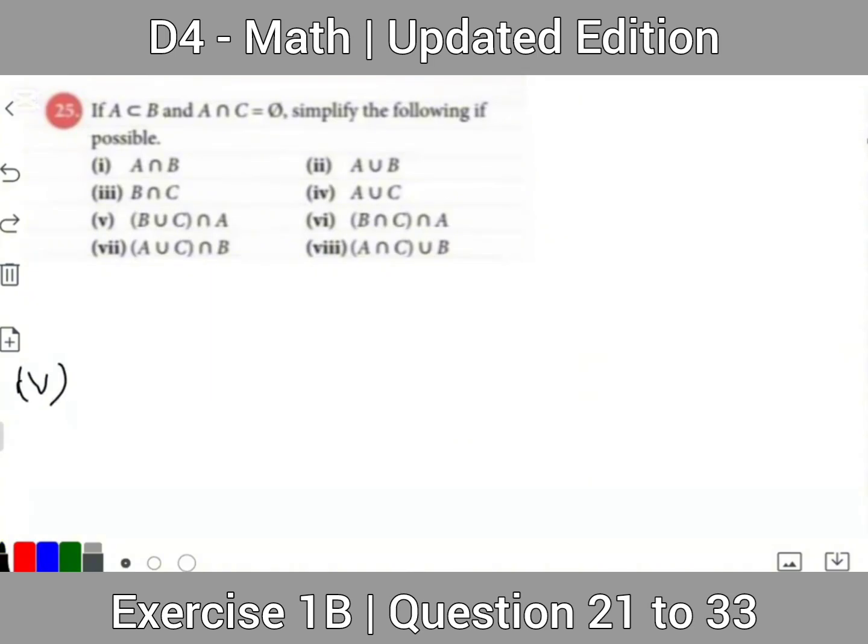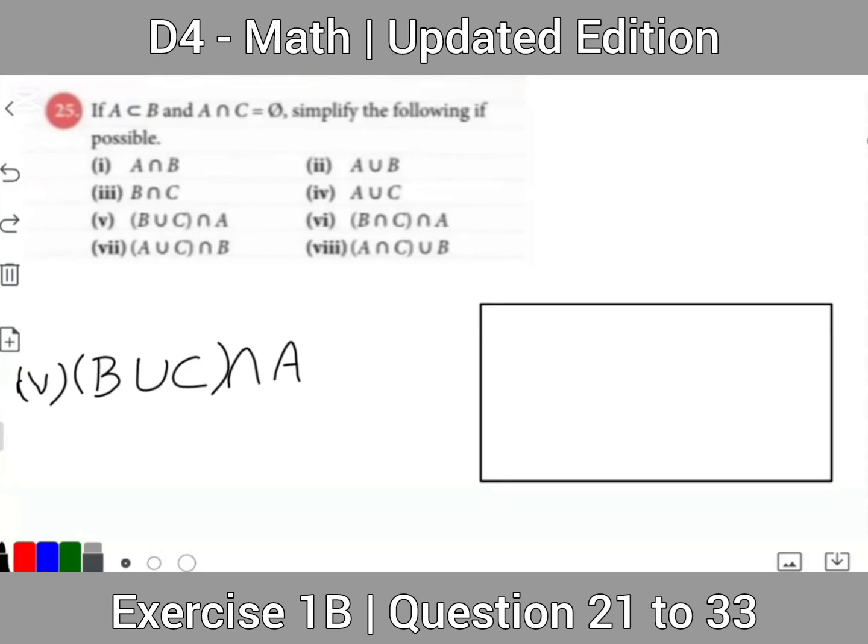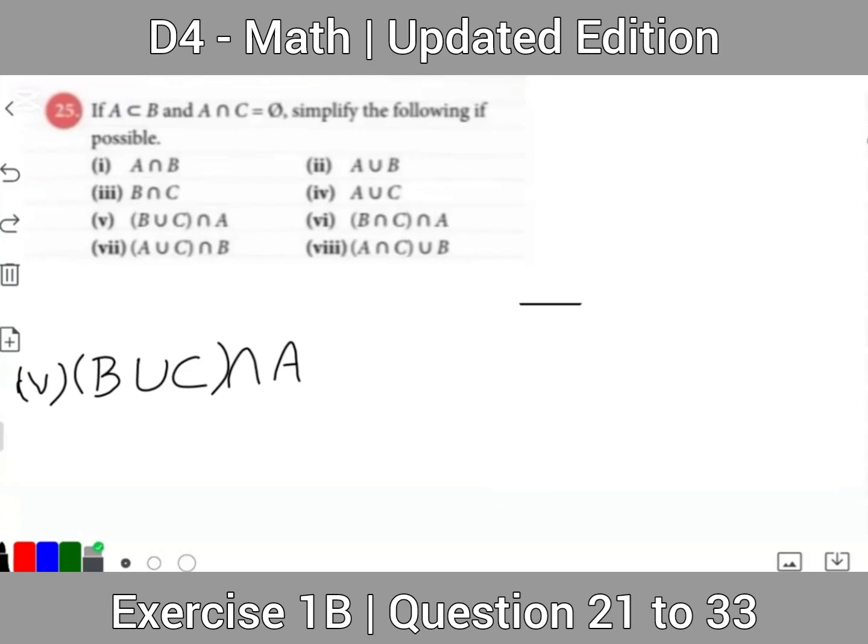Now in the part 5, we have to find out B union C intersection A. So for this, we will use the Venn diagram. So here we have a rectangle representing the universal set eta.